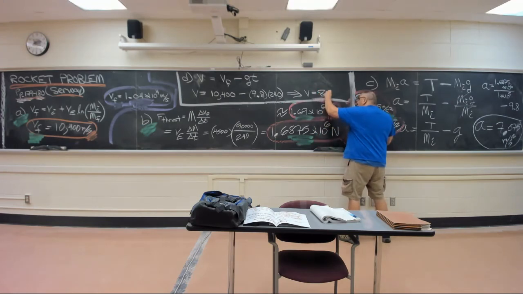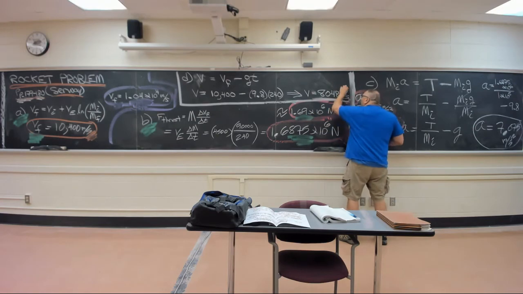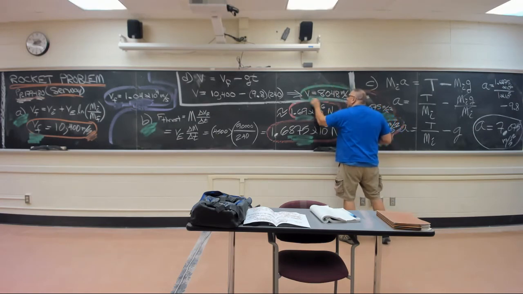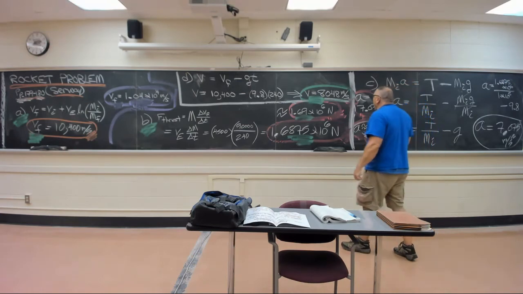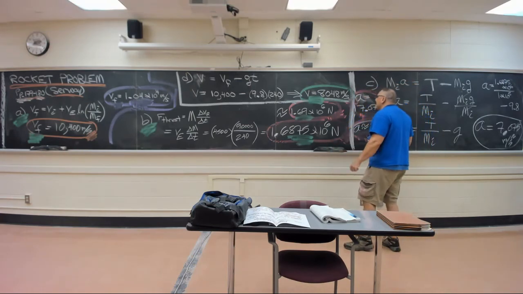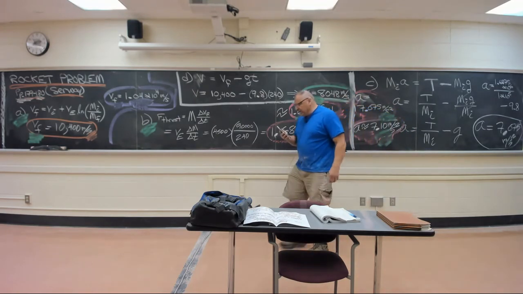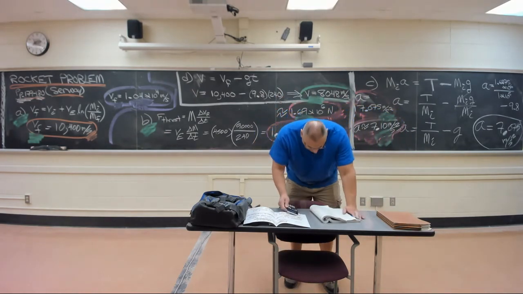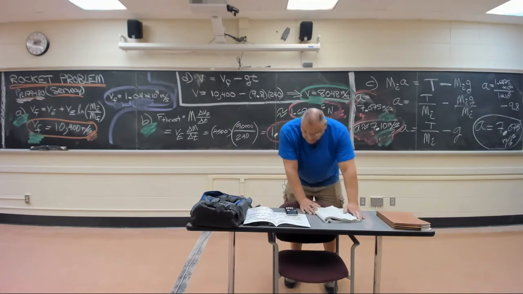It's still moving up. Don't ever get that out of your mind. There it is. 8.048 or 8.05 times 10 to the third meters per second. I just like to say 8,048 meters per second. They got 8.05 times 10 to the third meters per second.